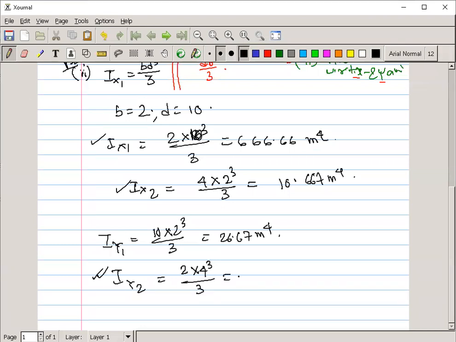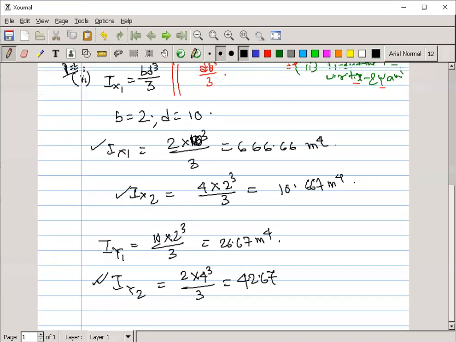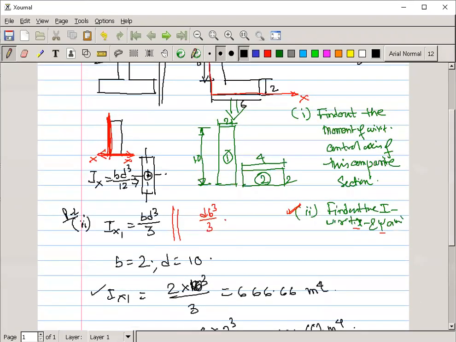How much is it? 42.67, sir. 42.67, right? But we have to use the parallel axis theorem here when the body is not attached with that axis.